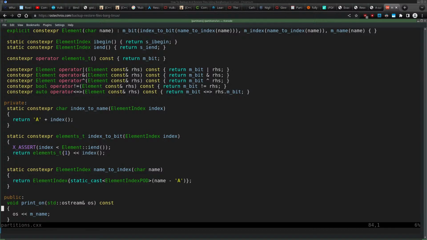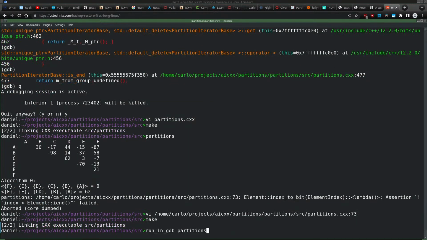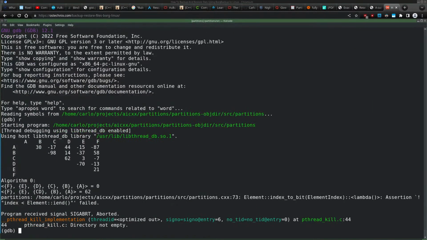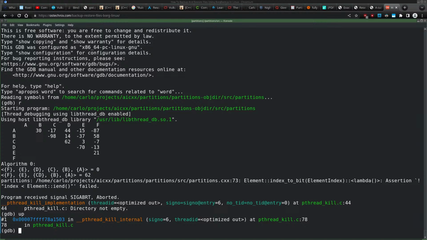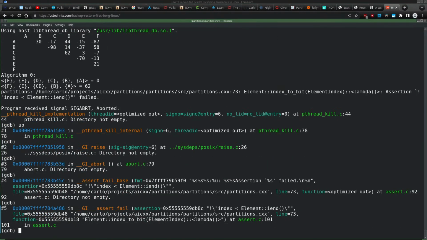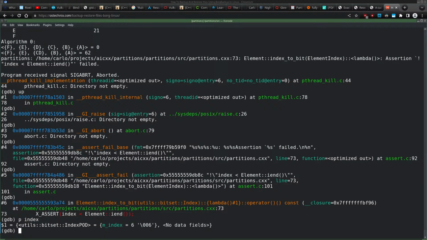Well, let's run it in the debugger again. Yeah, index equals 6, so that is equal to IND.